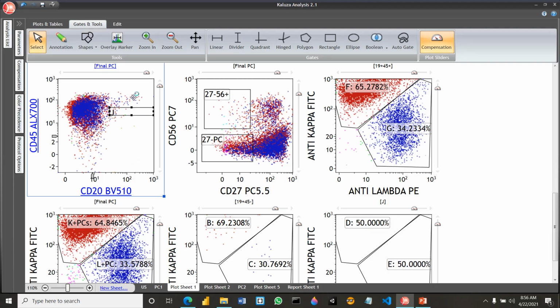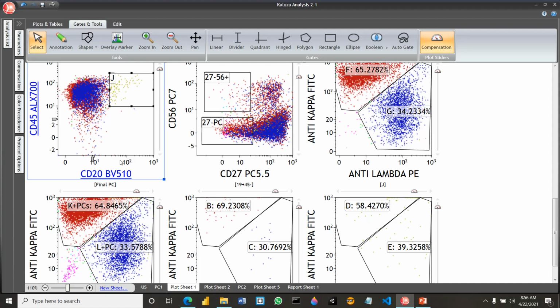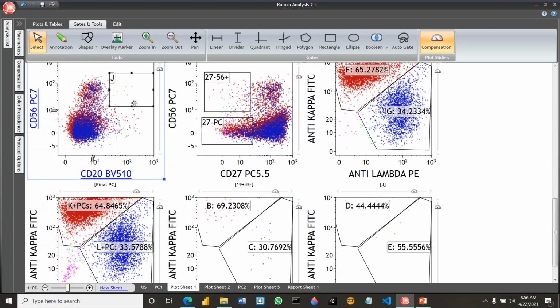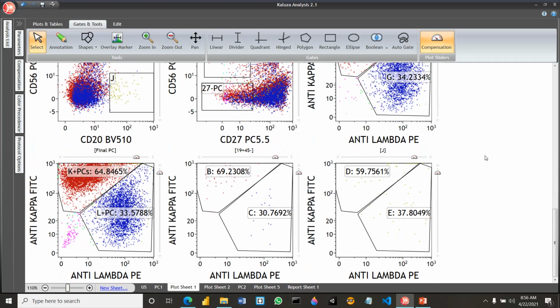And there are no events here, so you can see these 20 positive events are actually pretty polyclonal. With 56, yeah, here you can see they are pretty polyclonal. With 19 and 20 there were some doublets coming here, which were both 19 and 20 positive. This was 56, polyclonal. So basically all plasma cells are polyclonal.